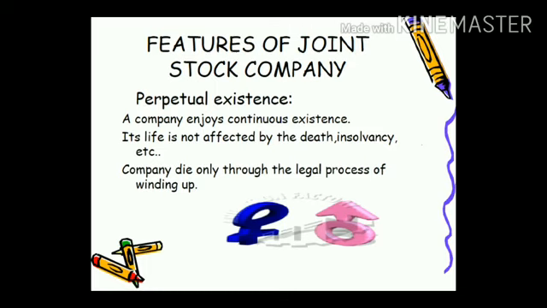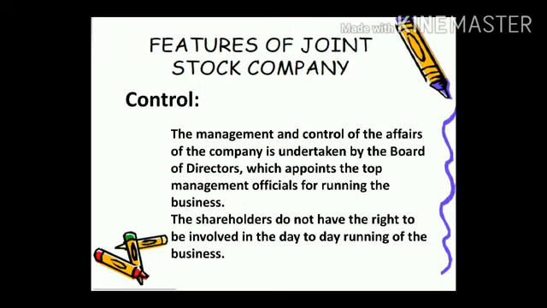And the next feature is control. The management and control of the affairs of the company is undertaken by the board of directors, which appoints the top management officials for running the business. And at the same time, the shareholders do not have the right to be involved in the day-to-day running of the business.